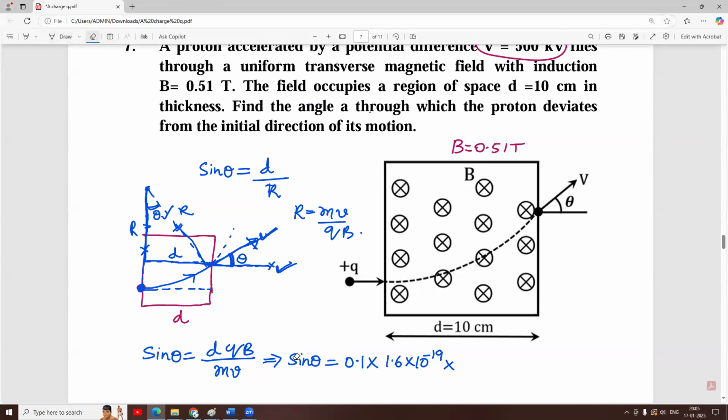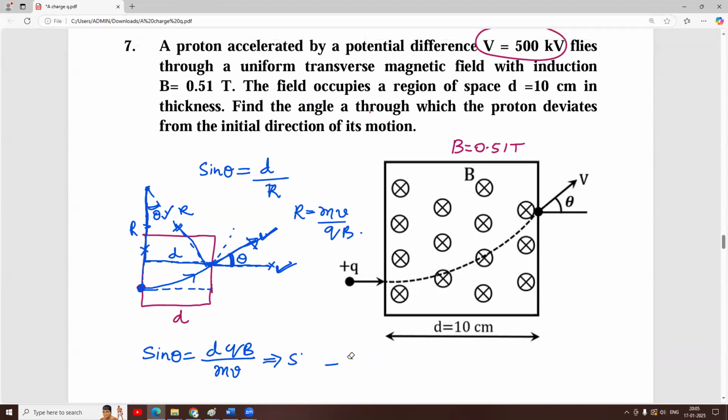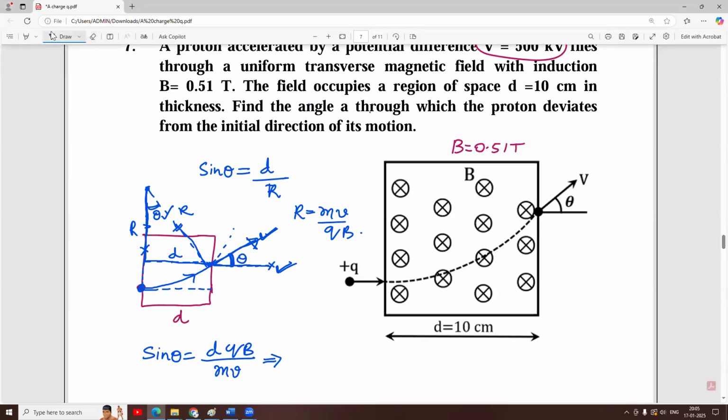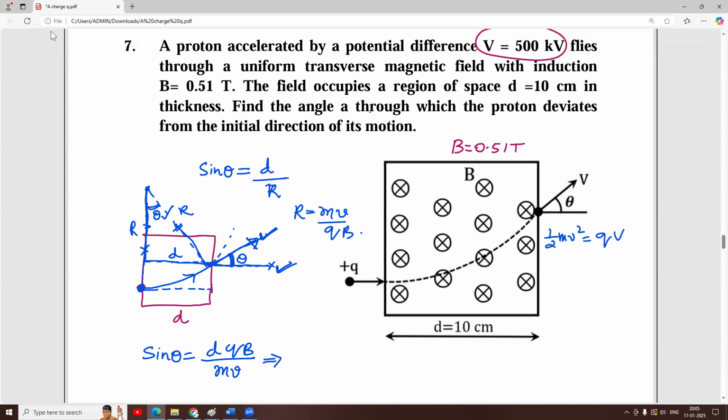Velocity is square root of 2qV by m, that has to be substituted again. Because half mv squared must be equal to the kinetic energy, which is the potential energy due to the electric field. Then v is equal to square root of 2qV by m. So that has to be put here.